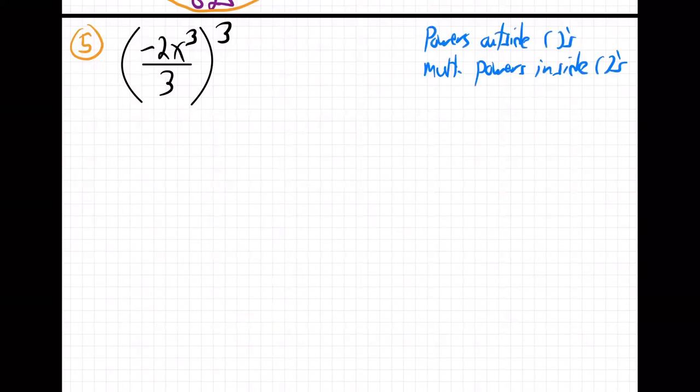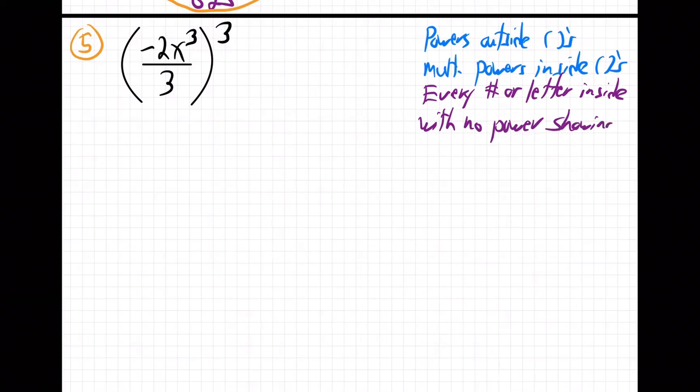But every number or letter inside with no power showing really has a 1 power. They really have 1 powers.